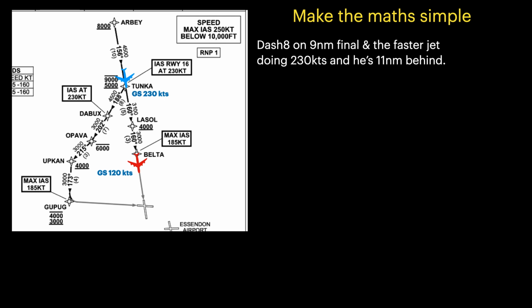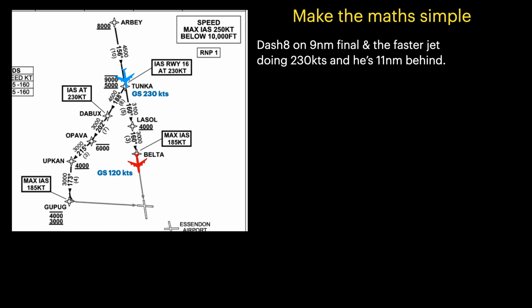Let's make it more realistic, he's doing 230. The maths can become quite onerous, so what you do is you make the maths simple. Like I said, the Dash 8 is on the 9 mile final, and the faster jet is doing 230, and he's 11 nautical miles behind.